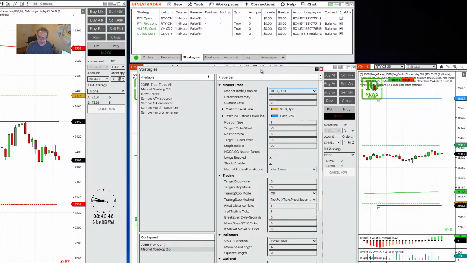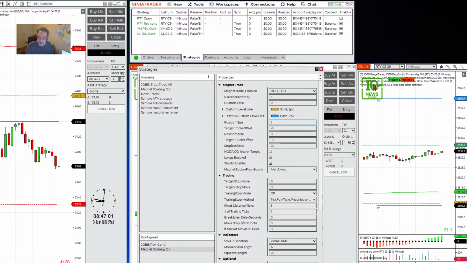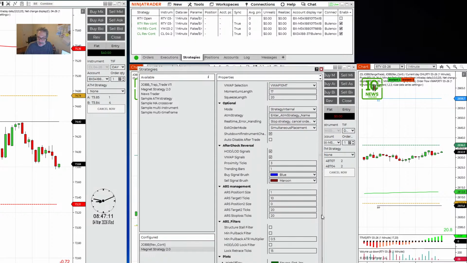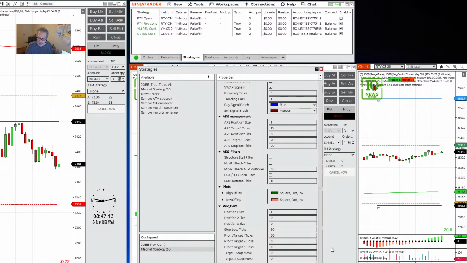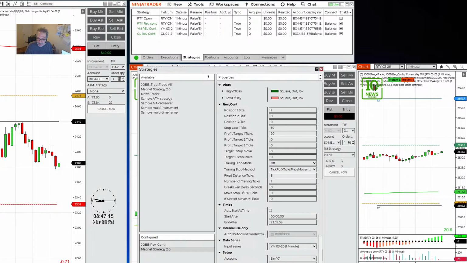That's what I would like to see out of the YM, a nice pullback, so that we have to travel a little bit further to get to the magnet. And what I'm going to do is just put 2 positions for 1 target for the magnet. 2 positions for 1 target, starting with a 40 stop. We'll see where the stop winds up when the trade turns on. I'm going to label it YM magnet.